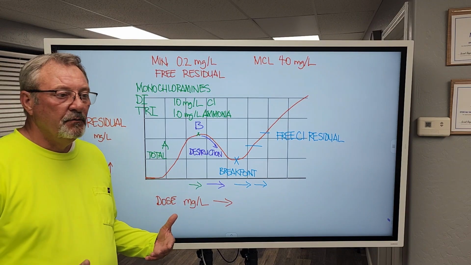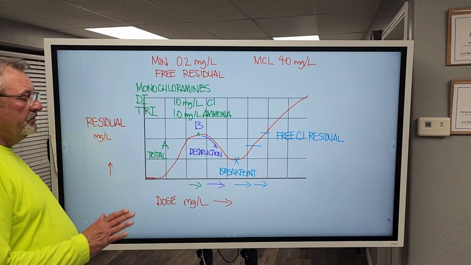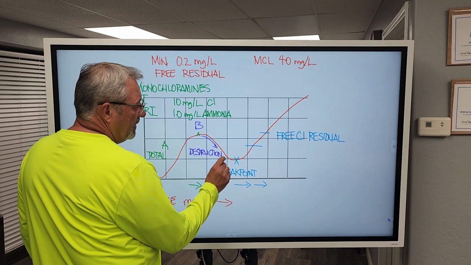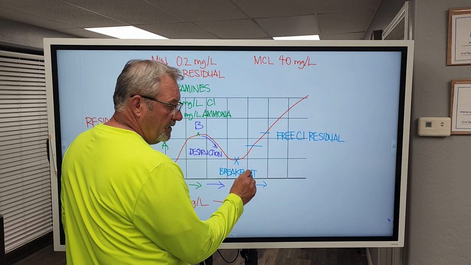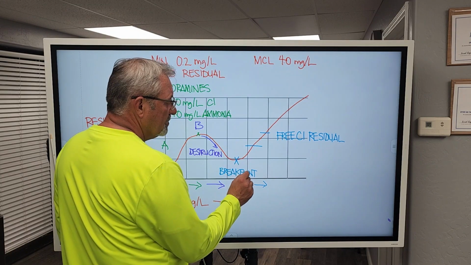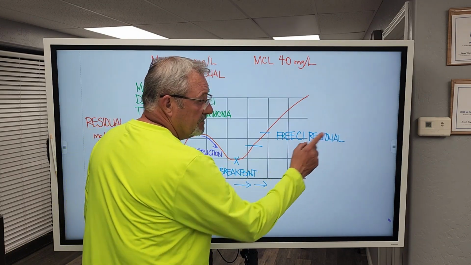It's kind of the definition of breakpoint chlorination. You've achieved breakpoint when with every increase in dose, you have a corresponding increase in the free chlorine residual.